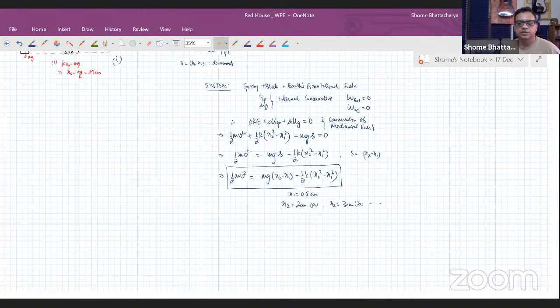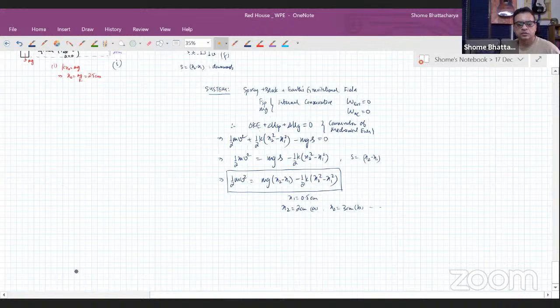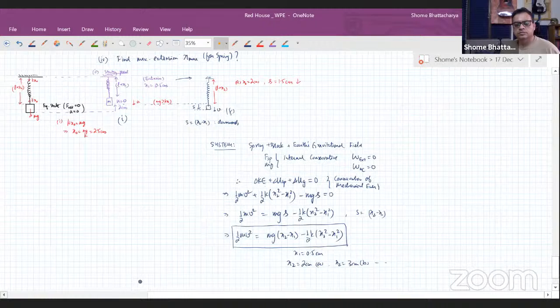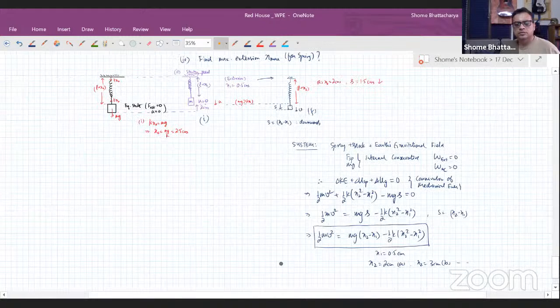Okay, so let's do this calculation next. For the A part, this will become mg multiplied with 1.5 into 10 raised to power minus 2, minus half k.